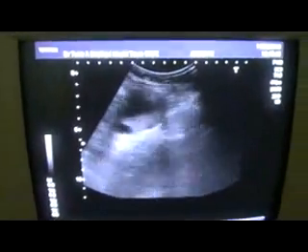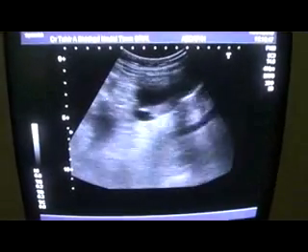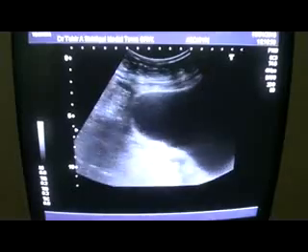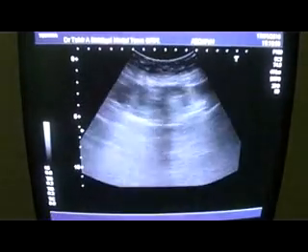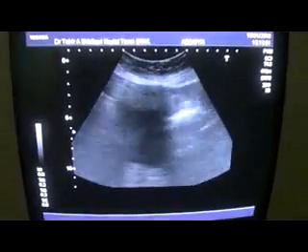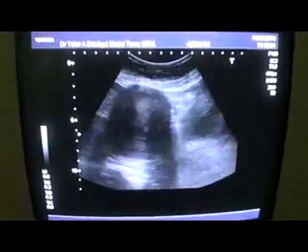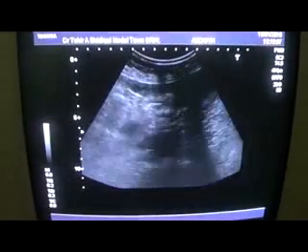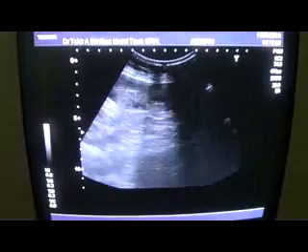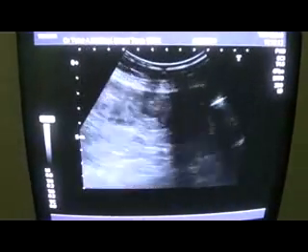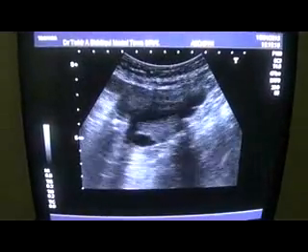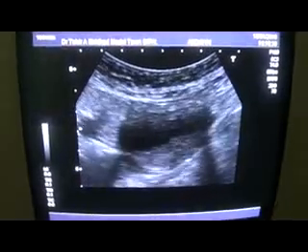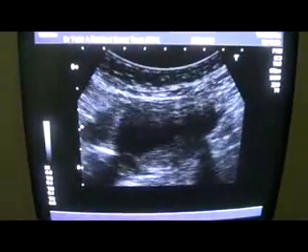This is the cystic area that we showed you initially, a complex cystic mass, and then on the left side as well there is a cystic area. This is the left side, this is the left ovary, and you can see that there is debris again within it.